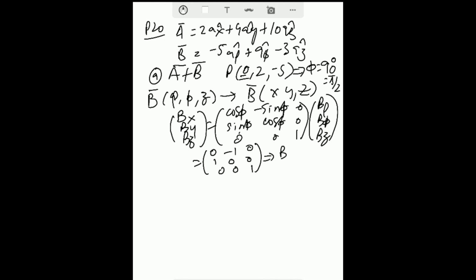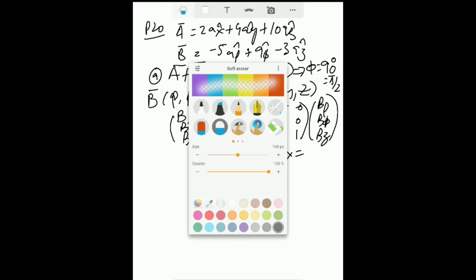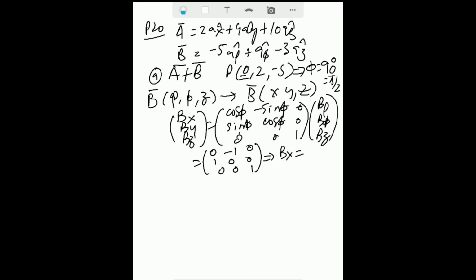So Bx, By, Bz will be equal to this matrix, 0 minus 1 0, 1 0 0, 0 0 1, multiplied by B rho, B phi, Bz, where B rho is minus 5, B phi is 1 and Bz is minus 3.